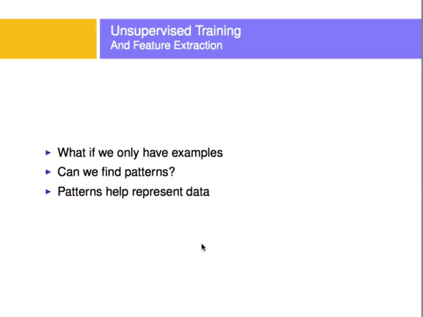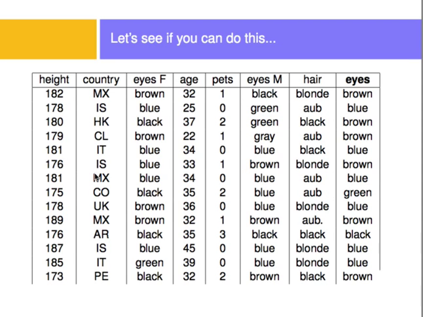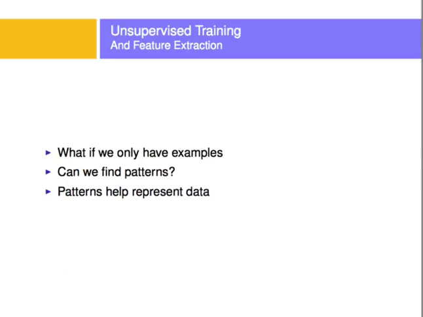When people label examples, like when we had this data set and people labeled the eyes here, this is called supervised learning, because I will train on examples that somebody already labeled. But when I just want to learn from nature, in the wild, we only have examples with no labels.